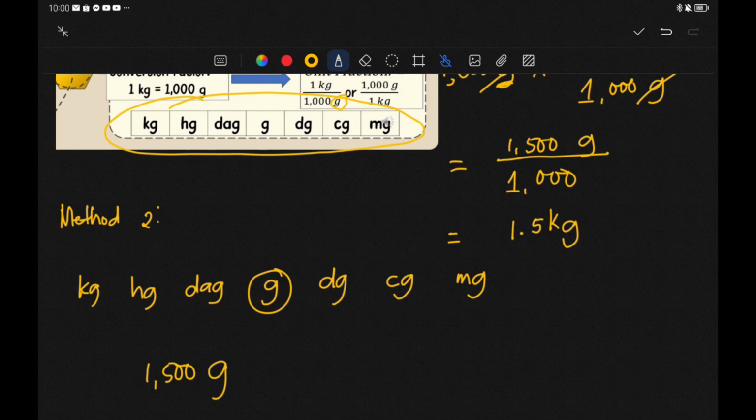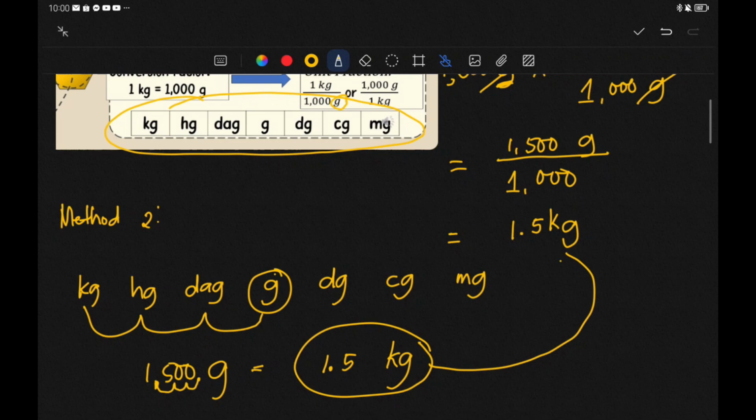Going to kilograms, from grams towards kilogram, 1, 2, 3. We need to move the decimal point 3 places to the left. So, the decimal moves 3 places, 1, 2, 3. So, that will become 1.5 kilograms. And which is exactly the same with our answer in method 1.